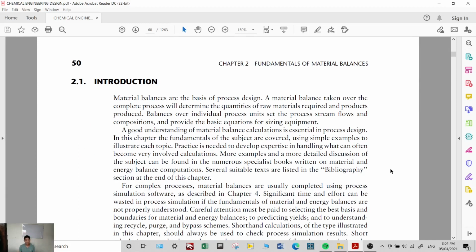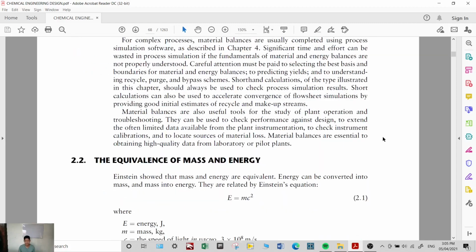Well, one of the uses of it is you will be able to size your equipment. The size of the equipment that you will be using for production processes will be dependent on the amount of flow rate that will be passing through the system.